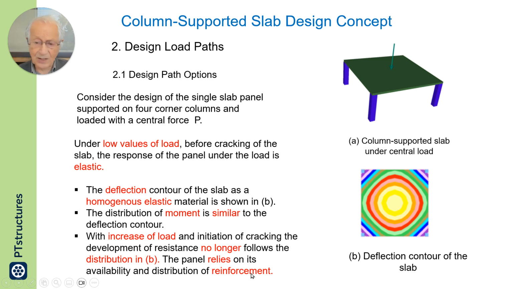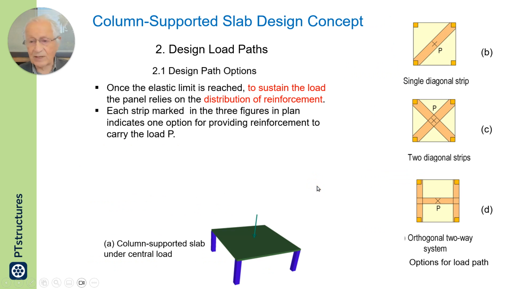Once cracking starts, then the resistance depends on how much reinforcement and where the reinforcement is located. That is the load path which we as design engineers select for our work, as opposed to the load path which is determined by the elastic response.